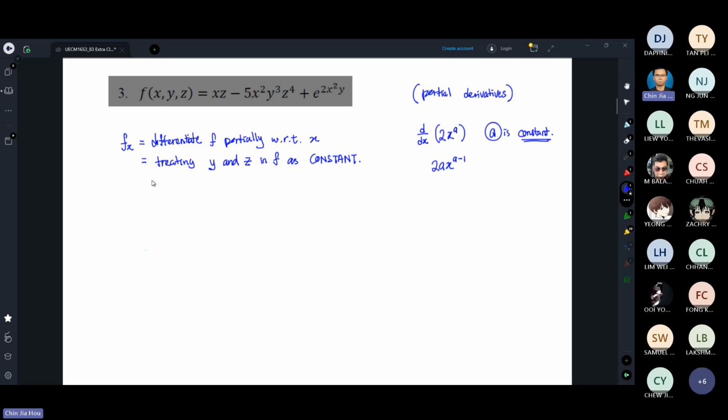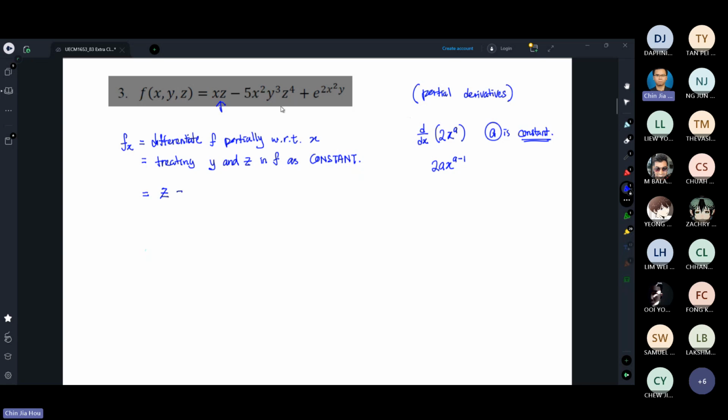So if we want fx, if we look at the first term here, do we have any x? The answer is yes, we have xz. So when we want to differentiate this with respect to x, we just think of the z as a number. So we just need to differentiate the x. If we do that, we get z for the first term.